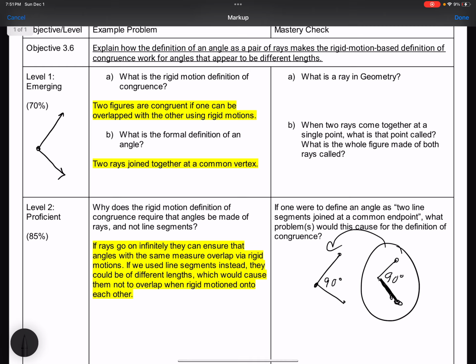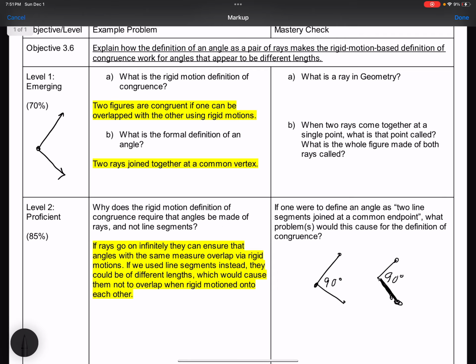Because they're not the same size in terms of their actual lengths. If one is longer than the other, like how this is longer than this, I can't really rigid motion them to go exactly on top of each other. I can get them to match at least at the corner, but I can't get them to match exactly with the lengths included. So here's my explanation right here.